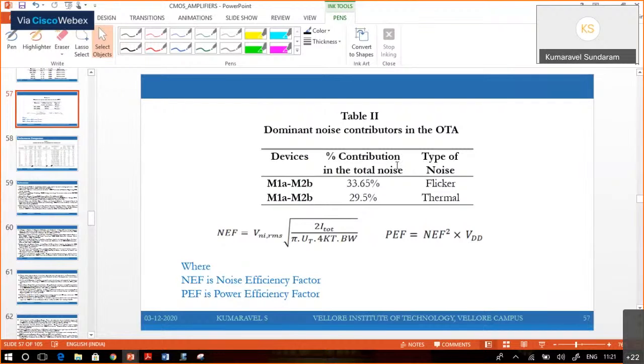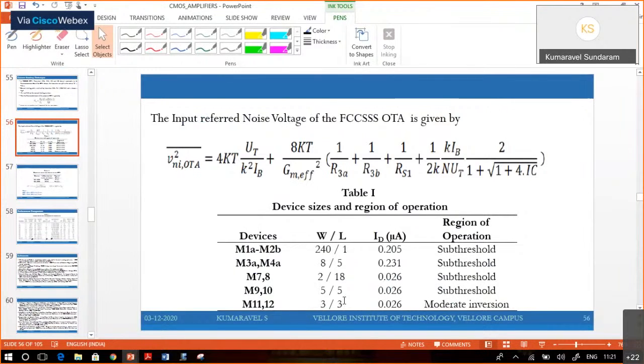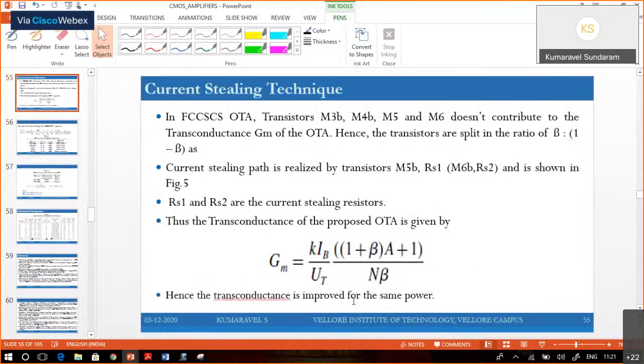One is we need to maximize the transconductance, and the other is, whichever transistor is going to contribute to the noise, if source degeneration can be adopted for those transistors, we can adopt it. We also need to figure out the device size you are using, the expression of noise voltage, and in which region you are operating. All those things we need to quantify.